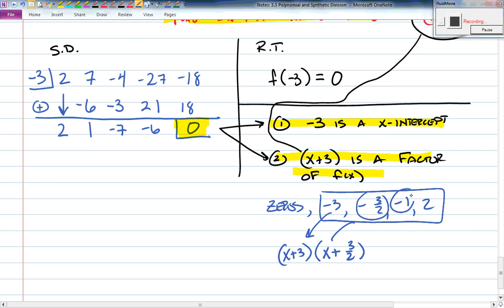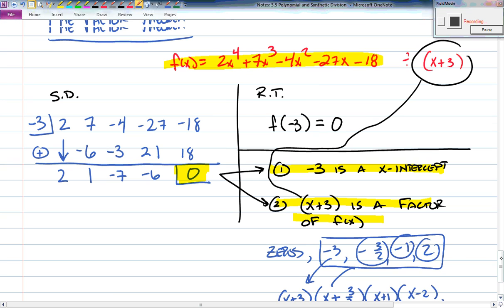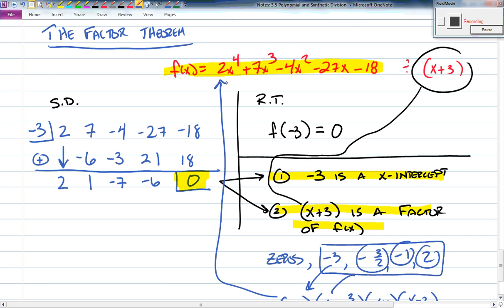If this is a 0, the factor is x plus 1. If this is a 0, the factor is x minus 2. Guess what happens when you multiply all that together? You probably get the original function right there. So really, we're just learning how to factor big, nasty, gnarly polynomials.